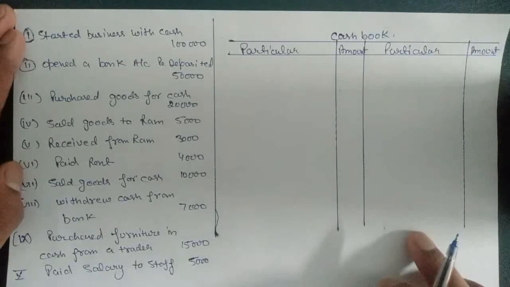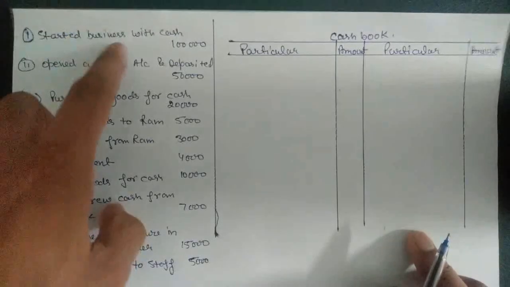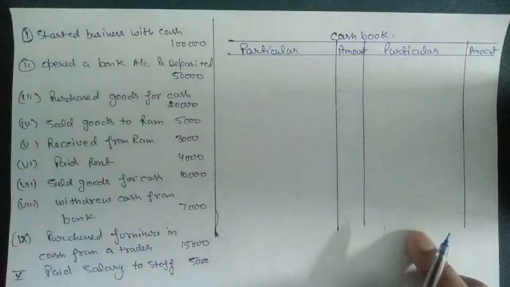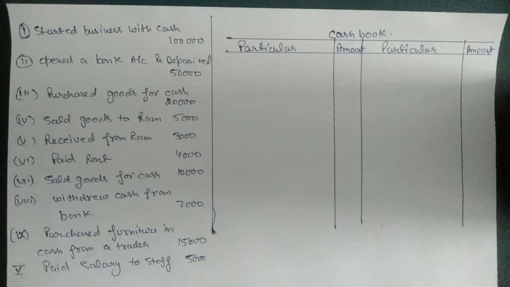I have a few entries to show how to post them in the cash book. Our first entry is started business with cash 1 lakh. It means we are starting the business, so there is an inflow of cash in the business.